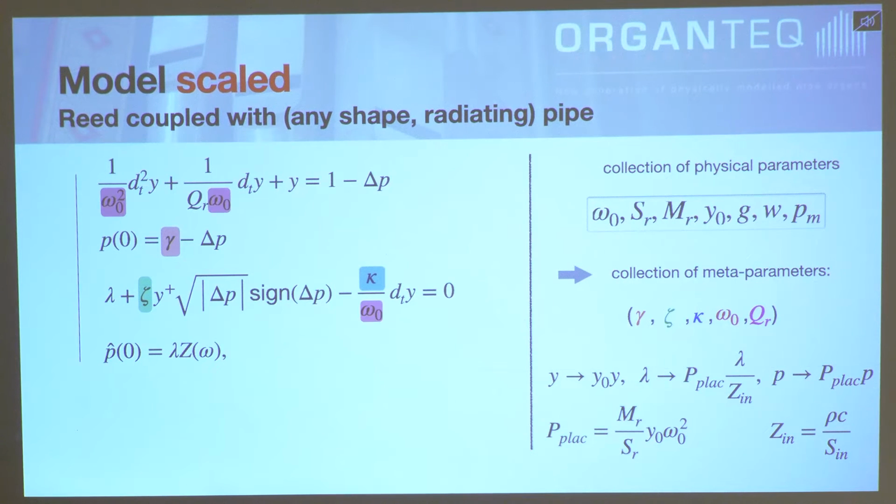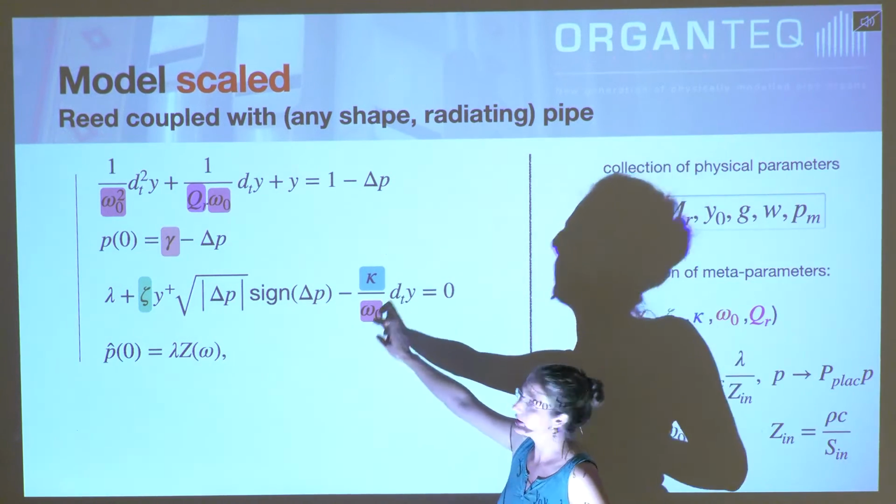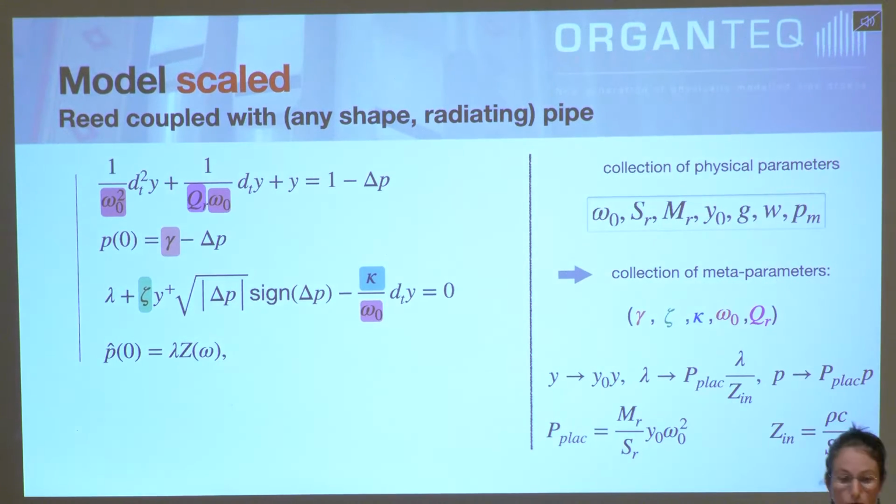And of course, you still have the reed frequency omega naught and a quality factor of the reed, QR. What's interesting here is that the frequency omega naught appears in the term of the reed-induced flow.